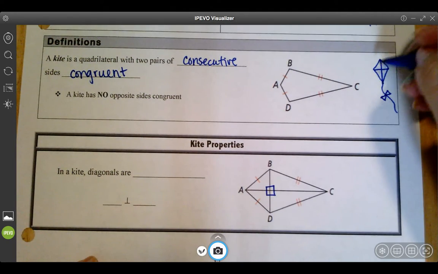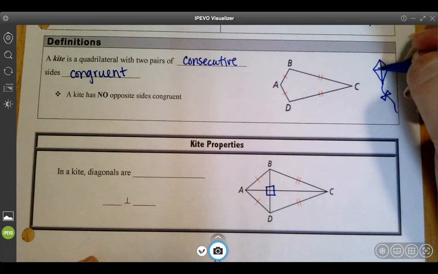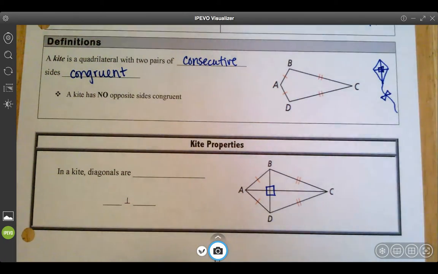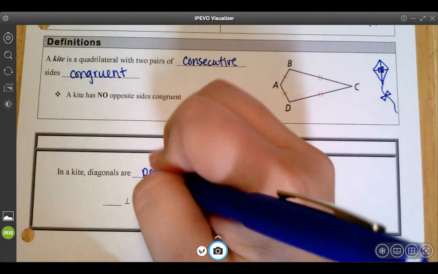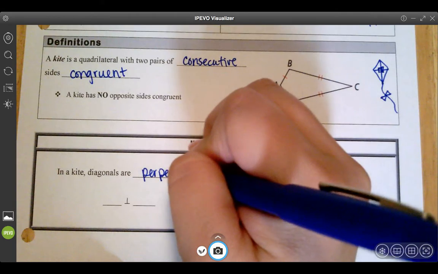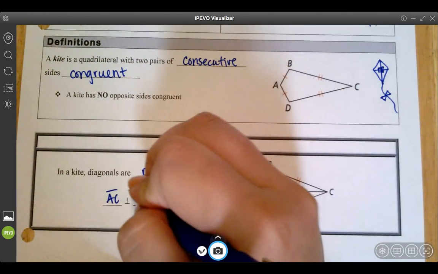And that's part of the reason that makes this kite structure so good for flying, is that those perpendicular diagonals are usually where we have a wooden brace or something, maybe a piece of metal to keep the kite in its shape. So the diagonals are perpendicular, which means that AC is perpendicular to BD.